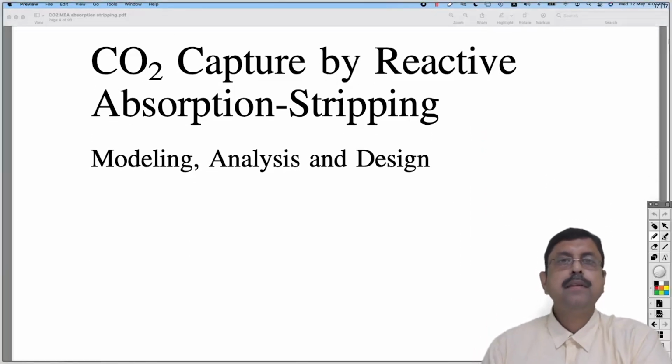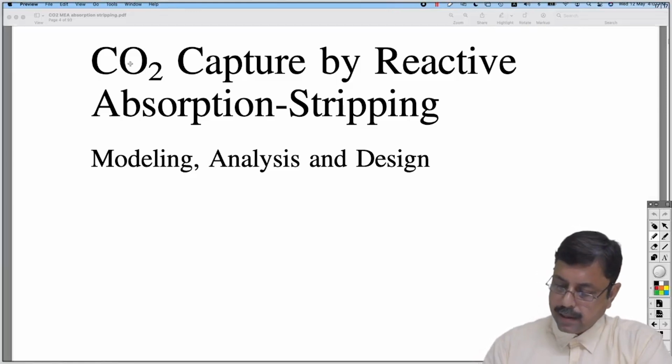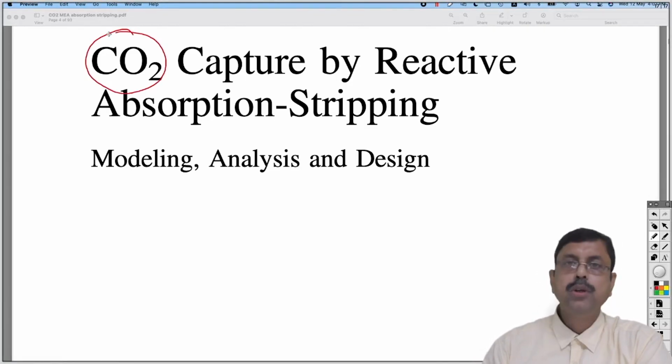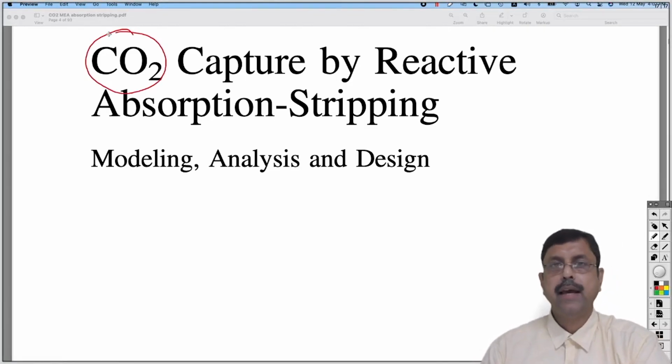Now, to begin with, you might be aware that carbon dioxide is known to be a greenhouse gas, which is responsible for global warming. And there are various sources of carbon dioxide, but the most prominent source is the power plant exhaust, which has flue gas.